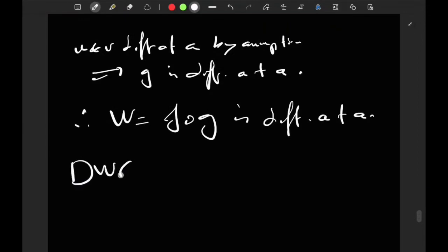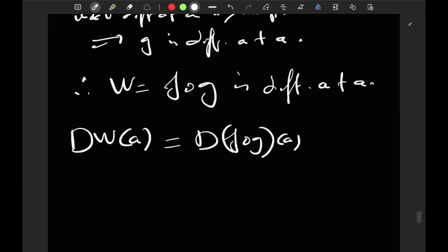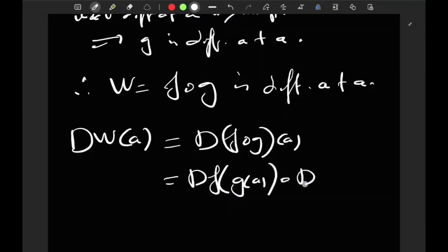So dW at A, by the chain rule, this is D of F round G at A. By the chain rule, this is dF at G of A composed with dG at A, right? And let's insert some H here just to make computation easier.